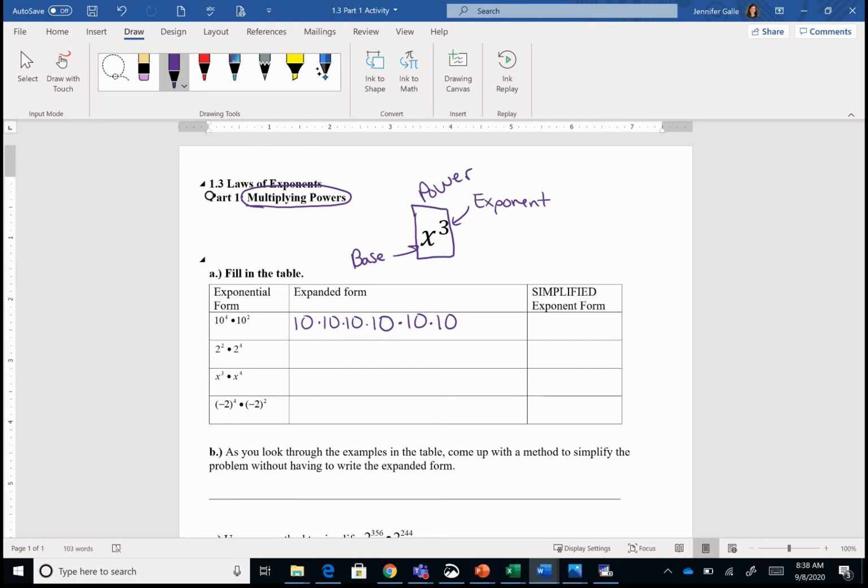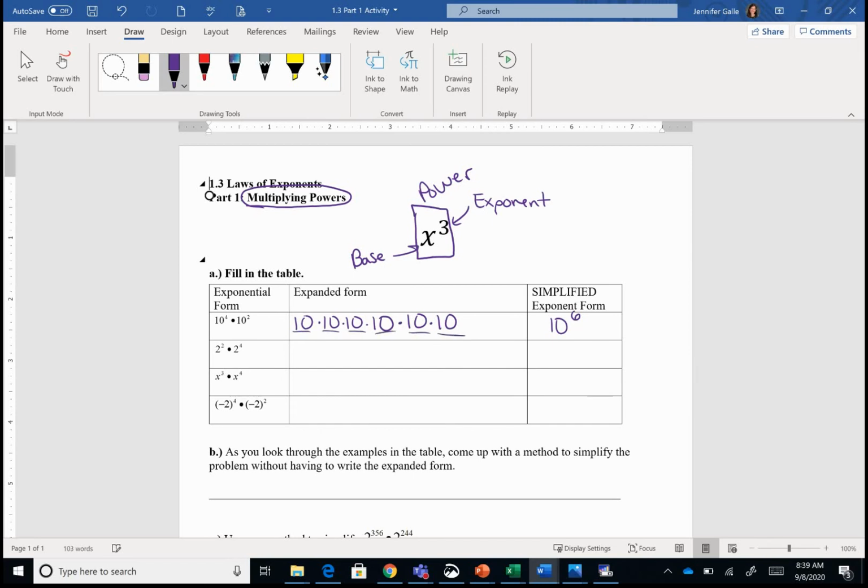So this is why last class we took the time to expand things out and make sure we understood what exponents meant. Because being able to expand it out is going to help us figure out our properties. So if we simplify it, aka our exponent form, we're going to have 10 to the what? 10 to the 6th power. We've got 1, 2, 3, 4, 5, 6 10s.